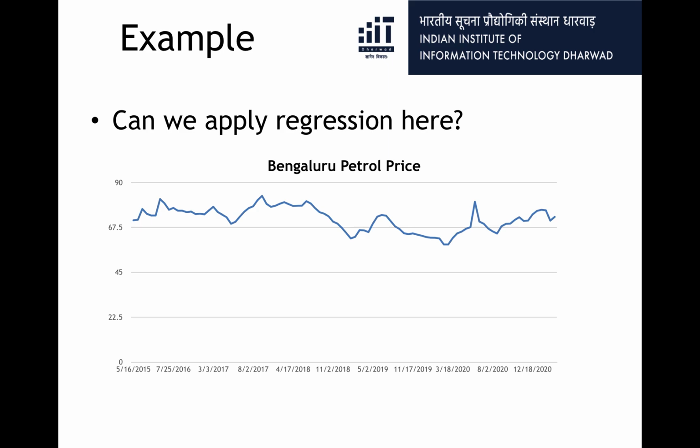There is a y-axis which shows the price per liter of petrol. The x-axis shows time in dates or months. So what can we observe from this, right? First of all, we see that the price of petrol is never below 50 rupees, never above 90 rupees. So it is what they call range bound. It has varied only within that range, right?